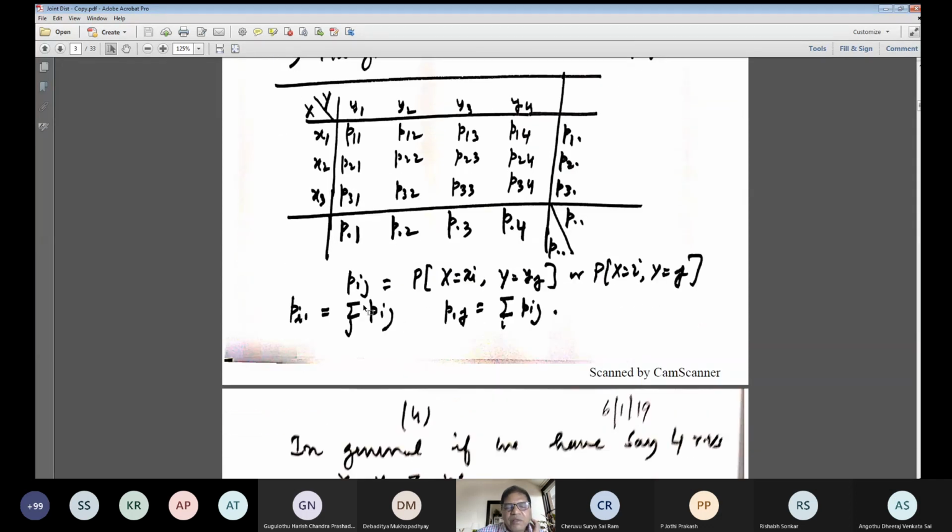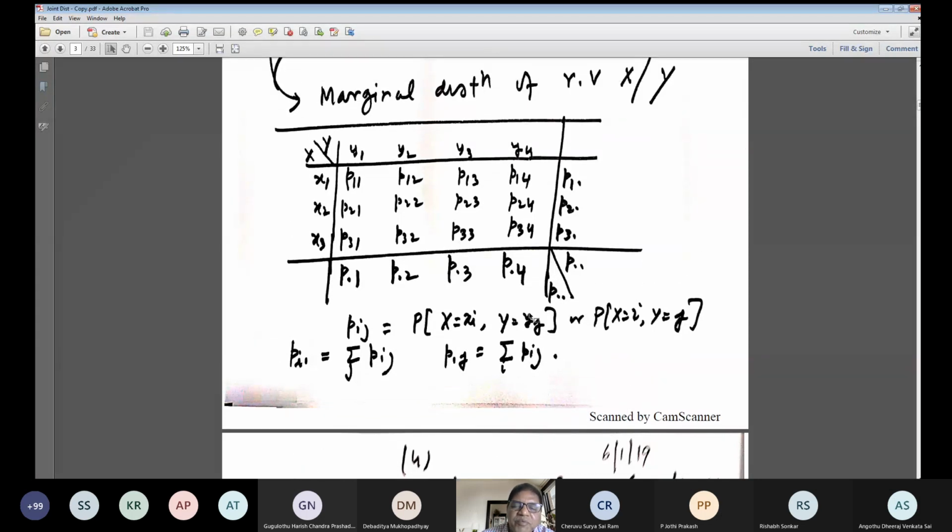In some books you may find this notation, that small p_ij is the probability X equal to x_i, Y equal to y_j, or simply probability X equal to i, Y equal to j. And p_i dot means summation over the second subscript, and p dot j indicates summation over the first subscript. Why has this been done?